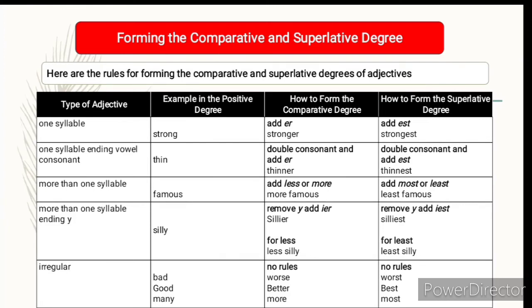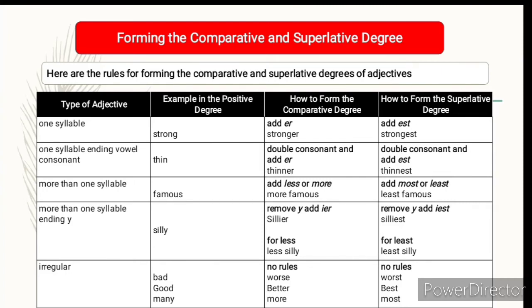All of you can read it by yourself first. Here there are types of adjective: one syllable, ending vowel consonant, more than one syllable, ending y, and irregular.